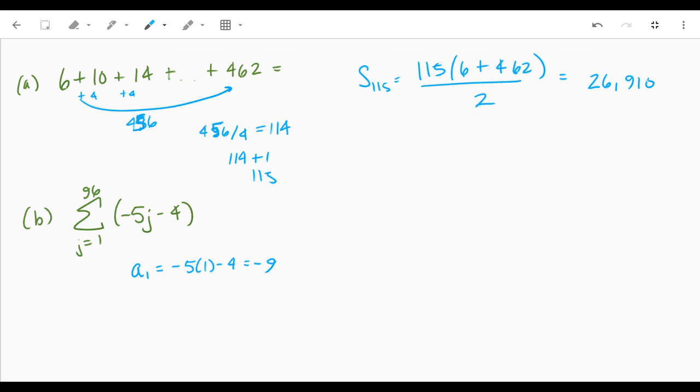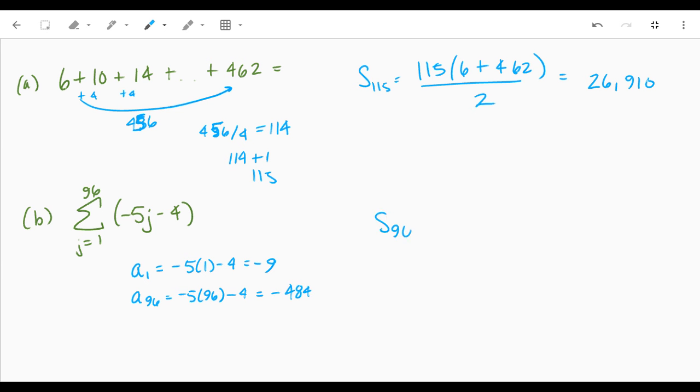which is negative 9. And then our last term would be negative 5 times 96 minus 4, which is negative 484.